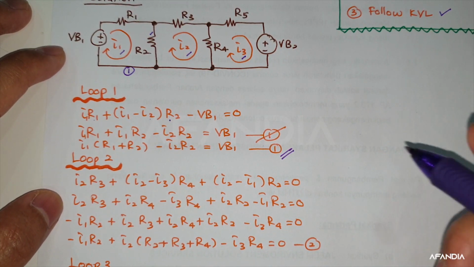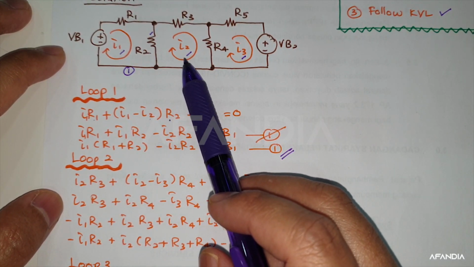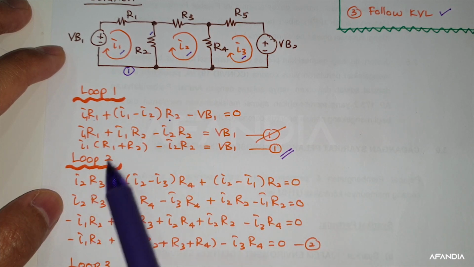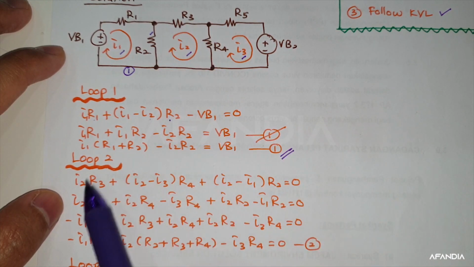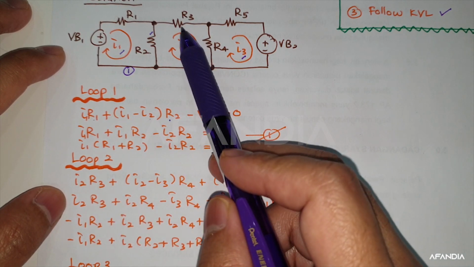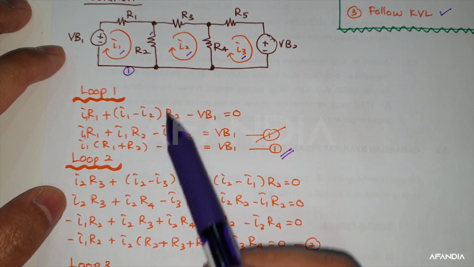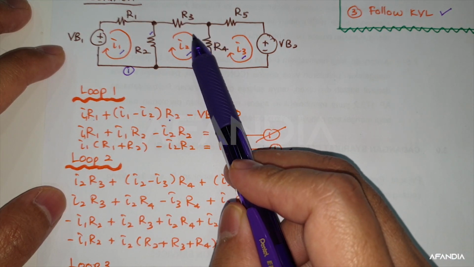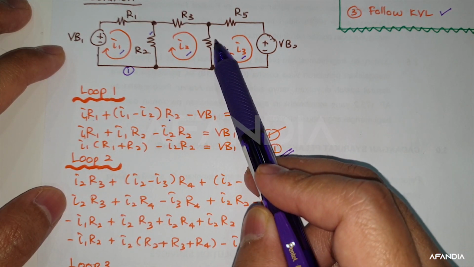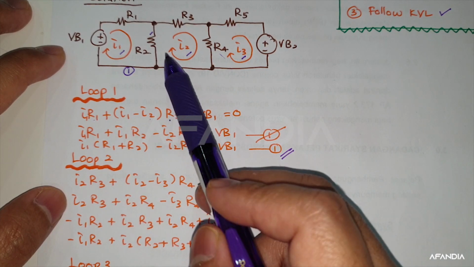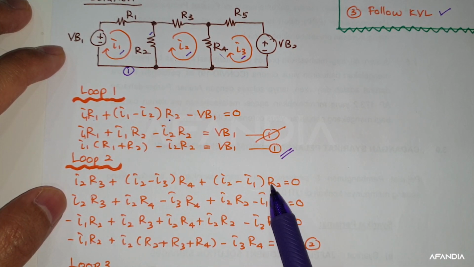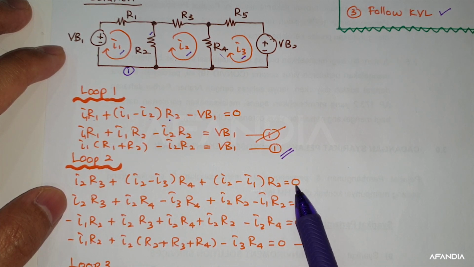Then if you have a look at your equation 2 over here, this is your loop 2. So you have, let's start from R3, I2 R3 here, plus I2 minus I3 for your R4, because you have I2 here and your I3 over here, plus here you have I2 minus I1 multiplied with R2, equals 0.